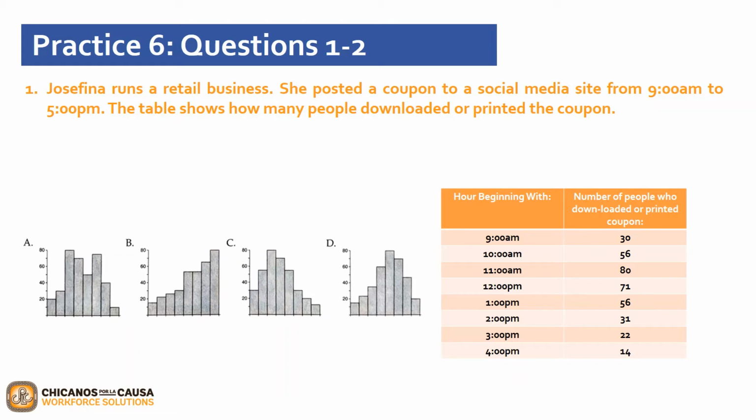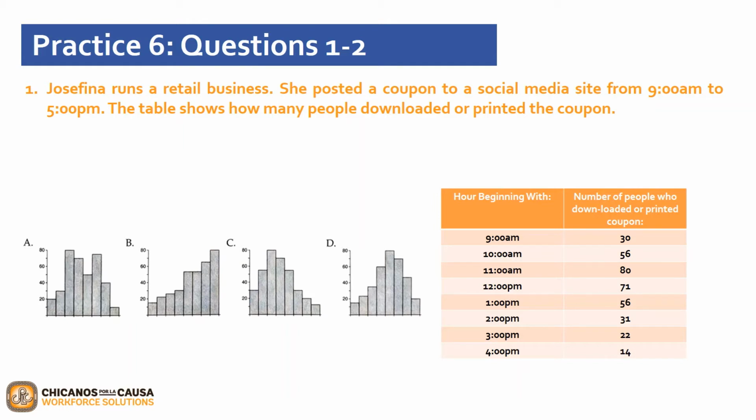So let's look at the information that was provided on our table and find the best histogram that aligns with that information. Similarly, we can also find the answer through the process of elimination. Let's start by looking at row 1. At 9 a.m., 30 people either downloaded or printed the coupon.